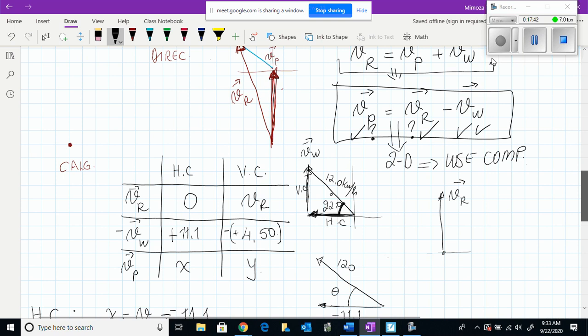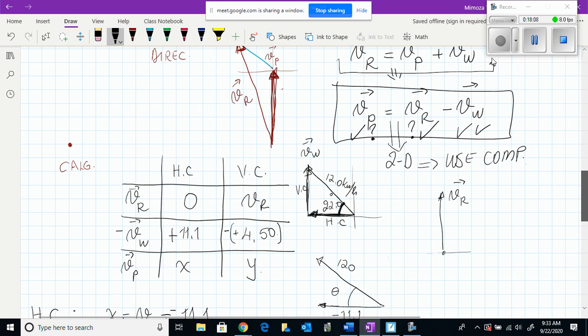We will have 12 times cosine 22, and for the vertical component, we will have 12 times sine 22. For the vertical component, we'll have a positive, but since we have the negative sign here, we have to take that into consideration.